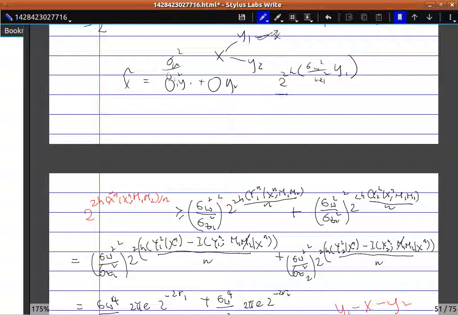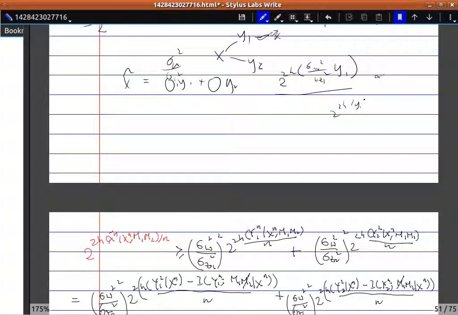And because this entropy power 2 to the 2h of something is actually proportional to the variance, therefore this will be equal to 2 to the 2h of y1 multiplied by, since you scale the variable by a factor of sigma w squared over sigma c1 squared, the variance will be scaled by the square of that scaling factor. So we have this and that here.